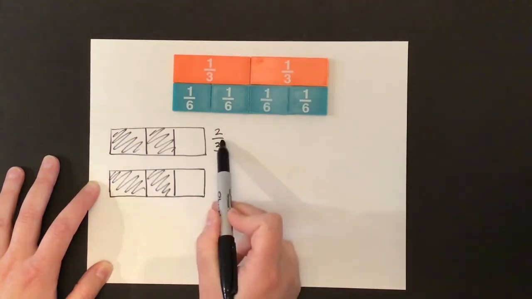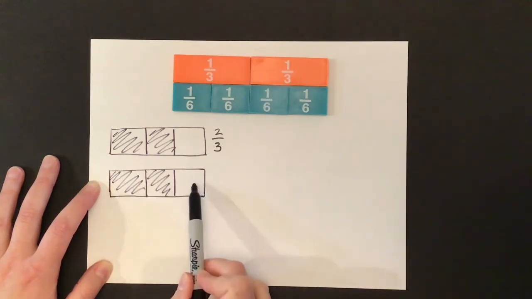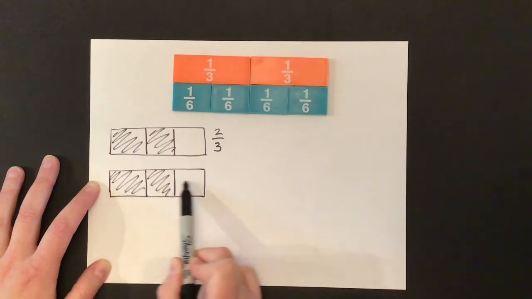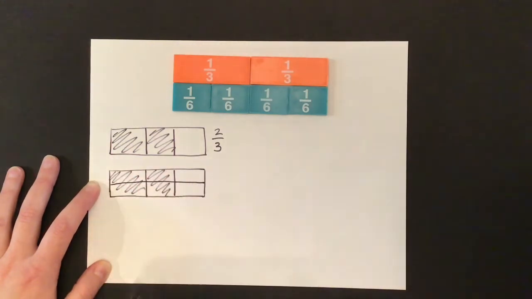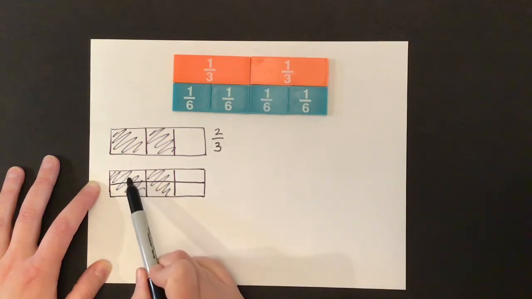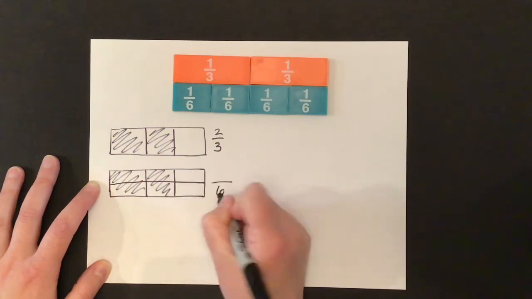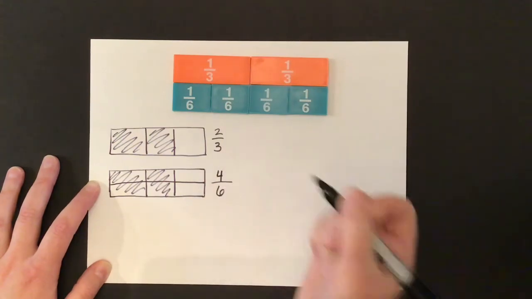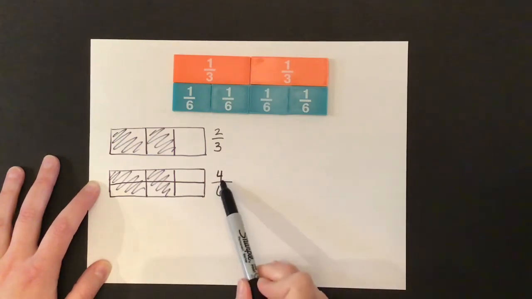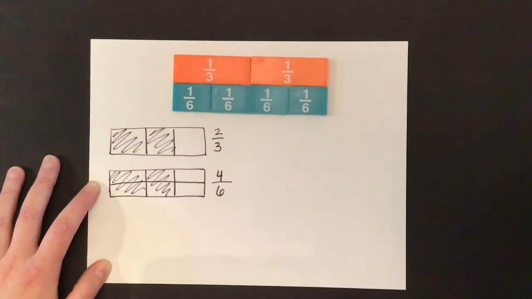So here I have 2/3, and then one way to create an equivalent fraction is to draw a line across the middle, and that creates double the pieces. So now I have 1, 2, 3, 4, 5, 6 pieces, and 4 of them are shaded in, which is the same answer as what I got up here with my fraction bars.